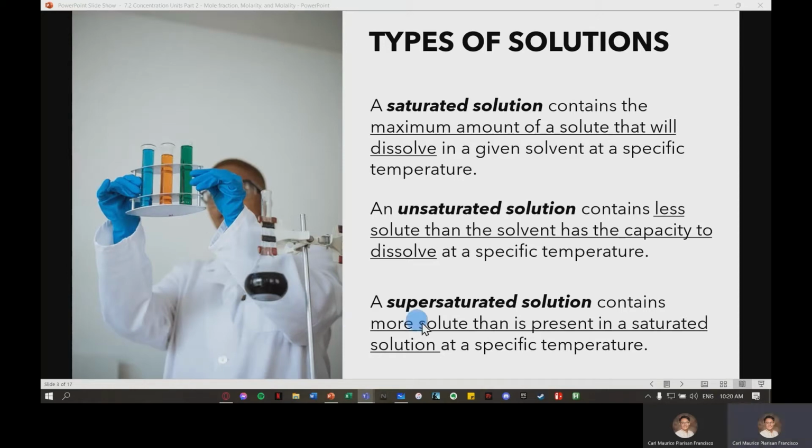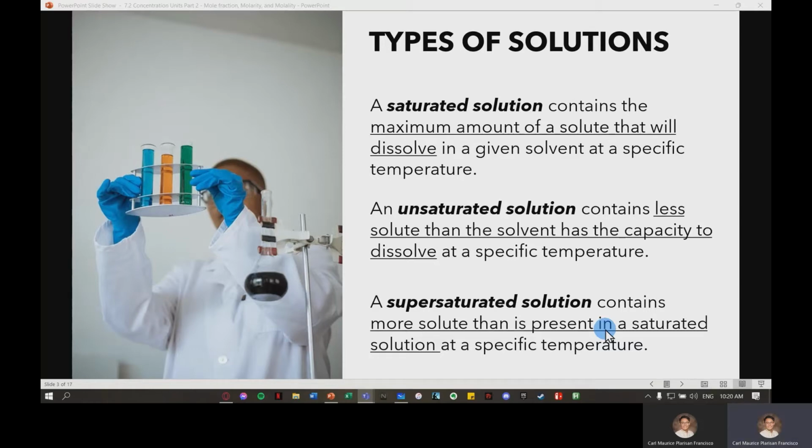So a supersaturated solution, the number of solute is more than the solute present in a saturated solution. Halimbawa, ang saturated solution ay ang maximum na ang solvent na ito sa isang solution ay kaya niya mag-dissolve ng 5 grams. Tapos nilagyan natin ng 7 grams of solute.